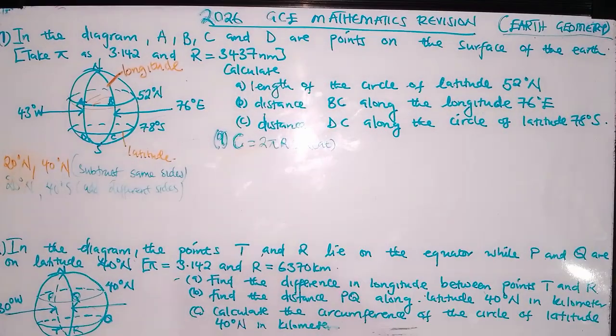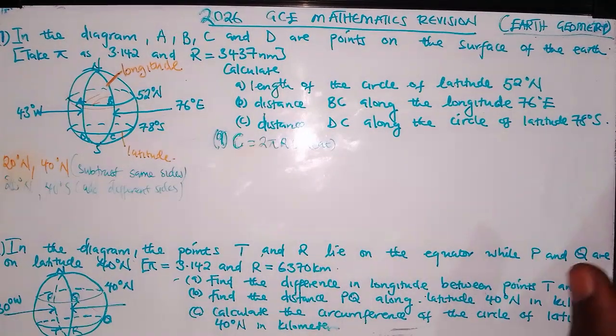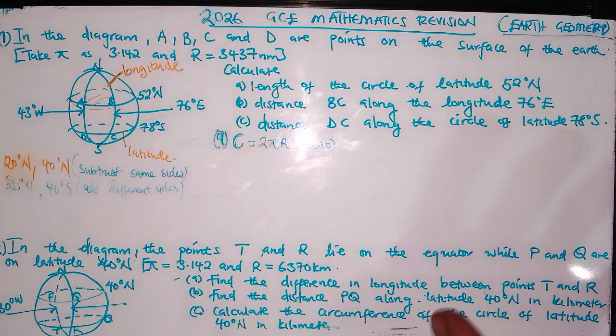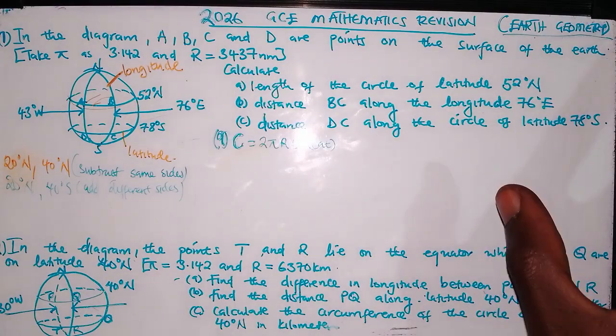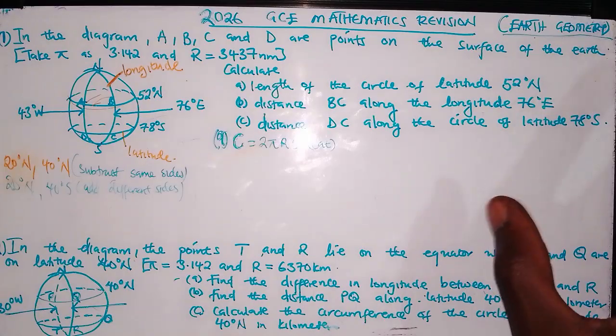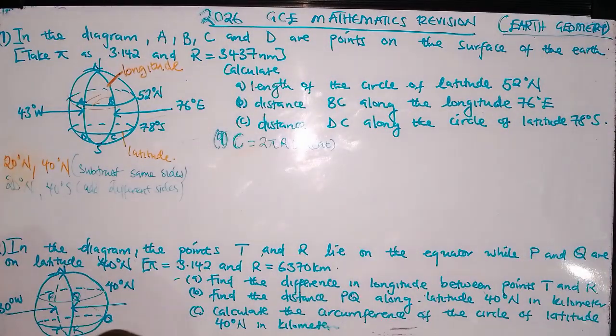So what does this cos lat mean? Cos lat means cos latitude. The latitude which you have been given in the question, you have to use it. Remember, this is a trick which most pupils don't know. Whenever the question has latitude, just know that you are supposed to use it.